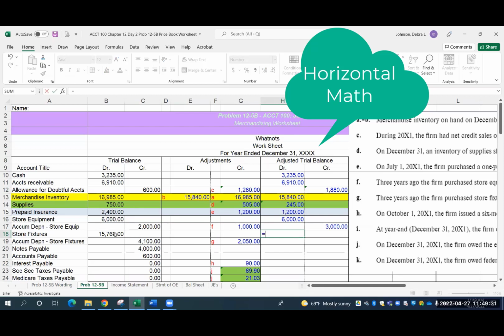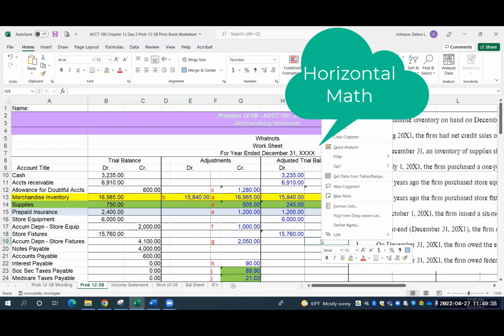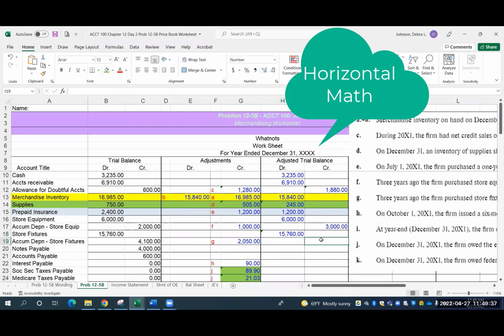Just bring it over. Another funky contra account, so be really careful. Go over to the credit side and add them up. 14,100 plus 2,050. I got 6,150. Anybody else? You guys are keeping up? Yeah, good. All right, the note didn't change.